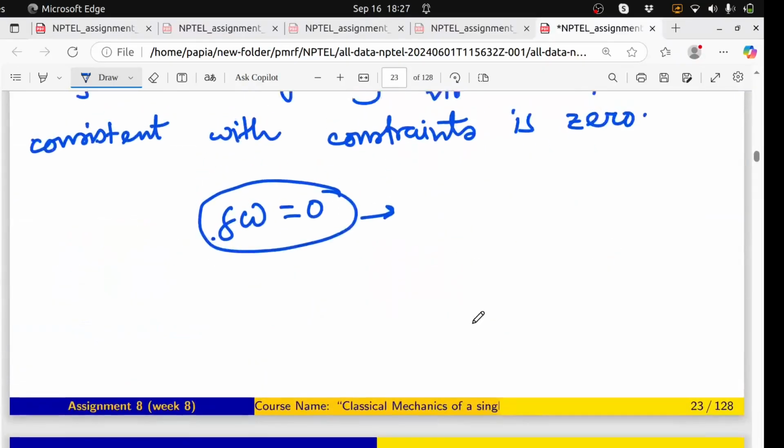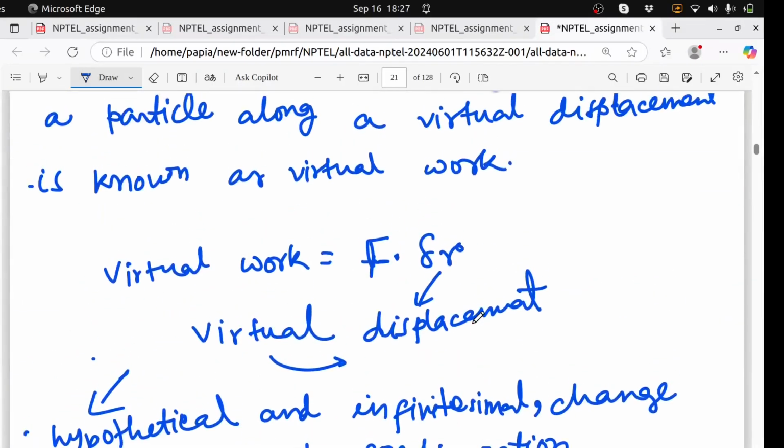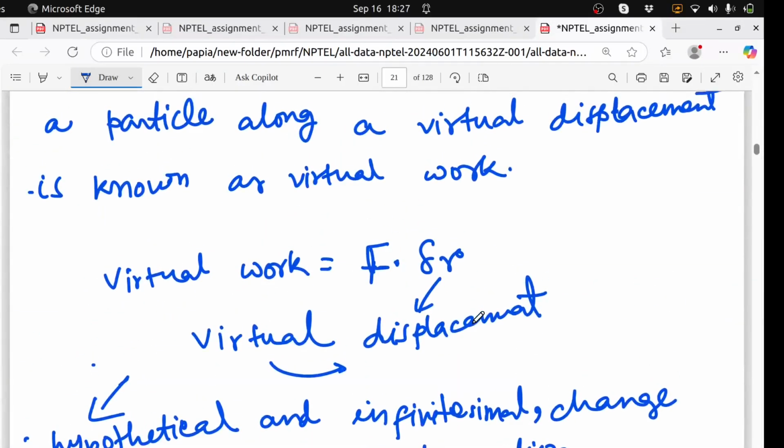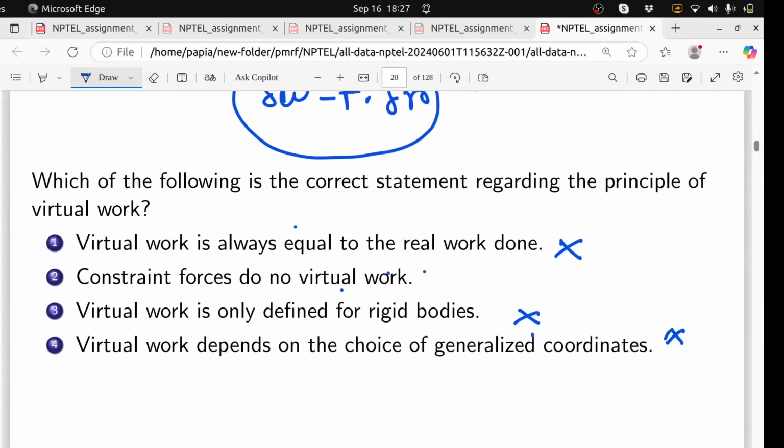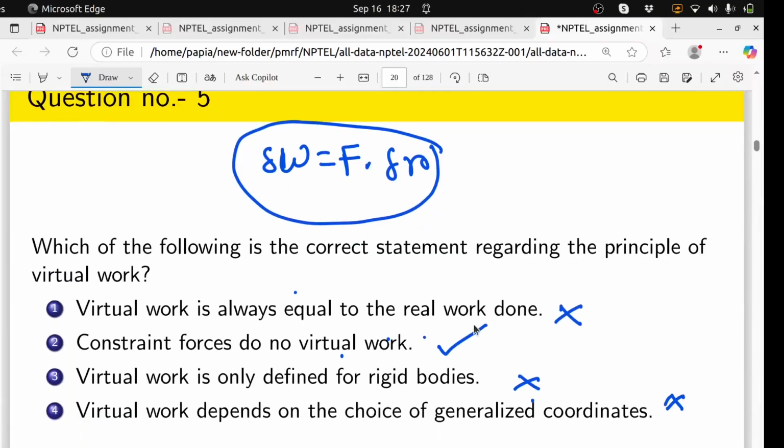So constant forces do no virtual work. This is the conclusion for question number 5.